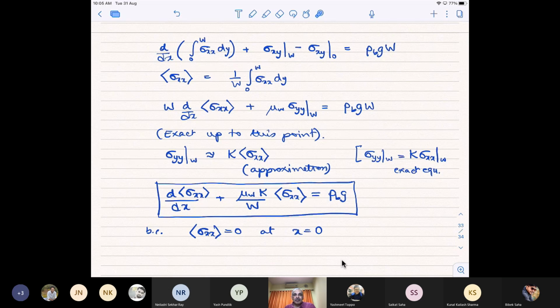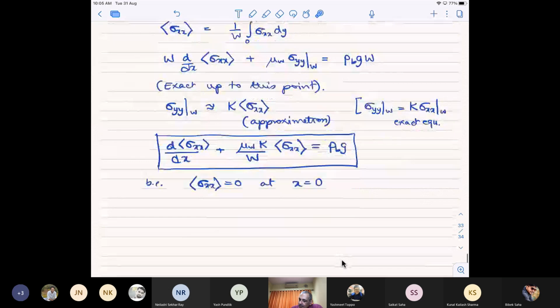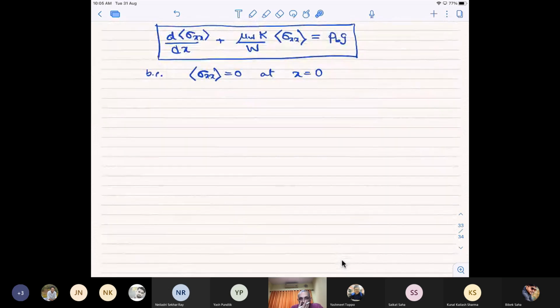What is the solution to this? Well, you will all remember from your math classes the method using integrating factor. What is the integrating factor for this?